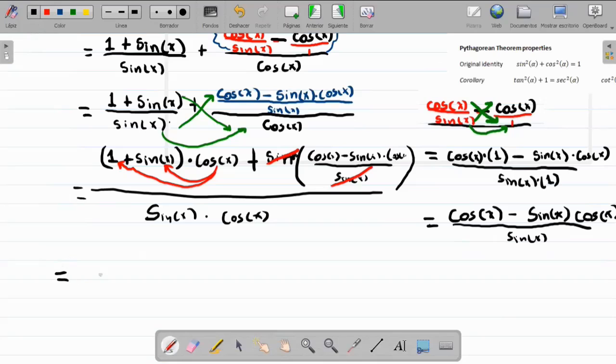So here we go with this expression, and now it becomes a little bit simpler. Now here we have cosine of x times 1 is cosine of x. Then cosine of x plus, right? Plus, because of this plus. Plus cosine of x times sine of x is cosine of x times sine of x.